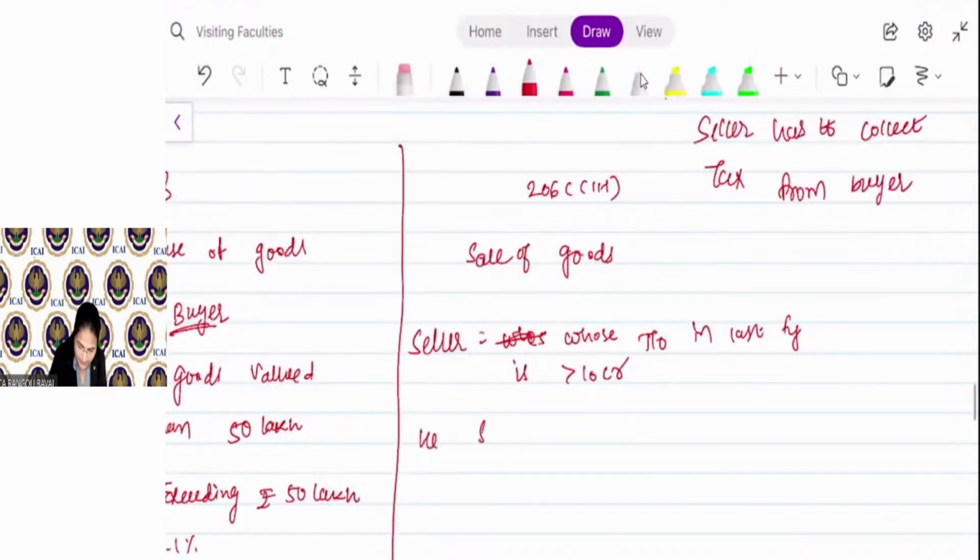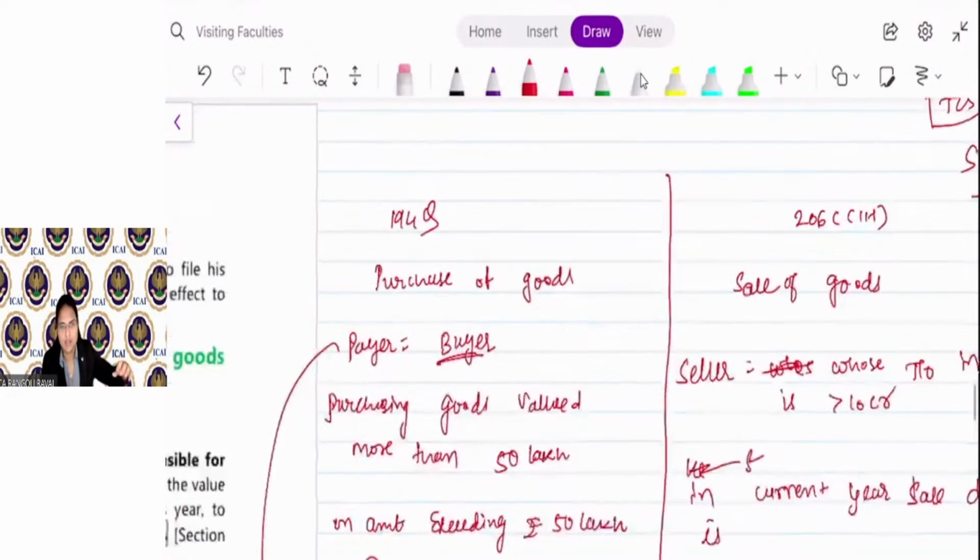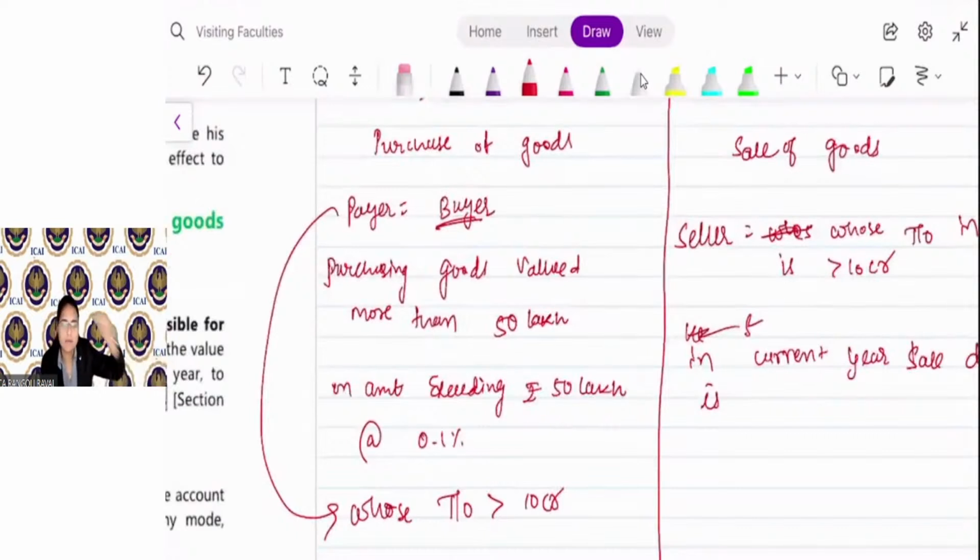And in the current year, sale done. See, here this 50 lakh is party-wise. Say for example, you are purchasing from ABC 52 lakh, and from, say, PQR you are purchasing 10-20 lakh rupees. So in case of PQR, you are not required to deduct TDS. But in case of ABC, you are required to deduct TDS.